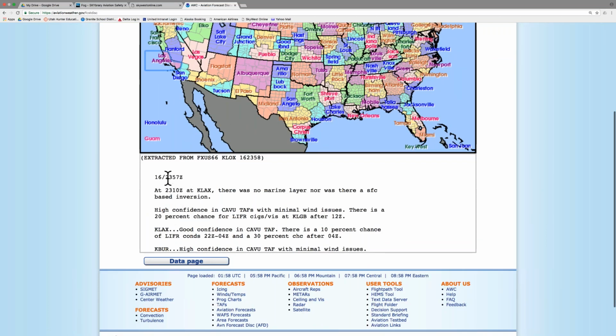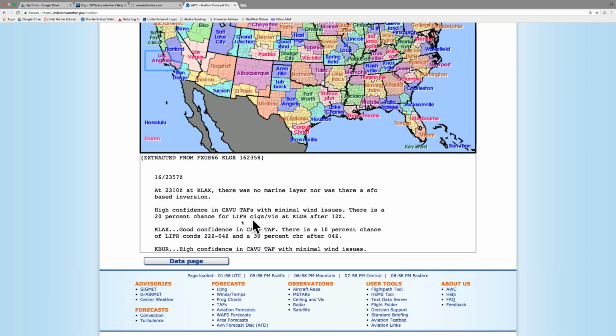I'm guessing the TAF said that there was going to be low visibility over Los Angeles not long ago, and they're just kind of like, yeah, it never happened. And then they say, well, we've got high confidence in the CAVI test with minimal wind issues.